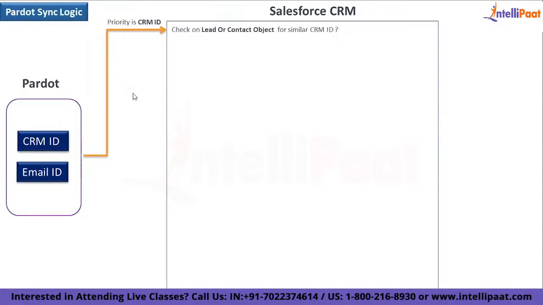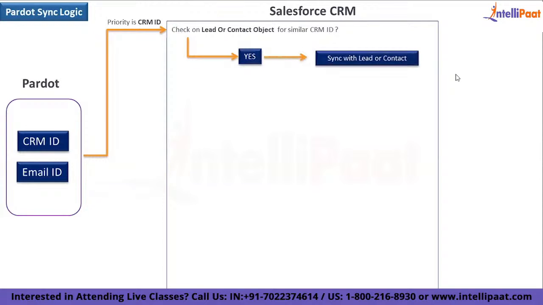Can you see it here? Whenever a data sync is going to happen, the priority will always be given to the CRM ID. So the prospect CRM ID will come back to the Salesforce CRM, and it will check on lead or contact object if a similar CRM ID is available on lead or contact. Now, if the answer is yes, then there will be a sync with the lead or contact object.